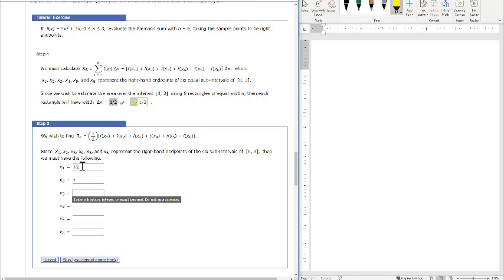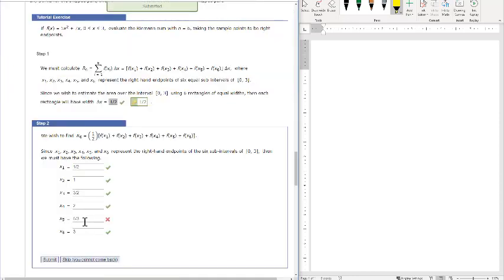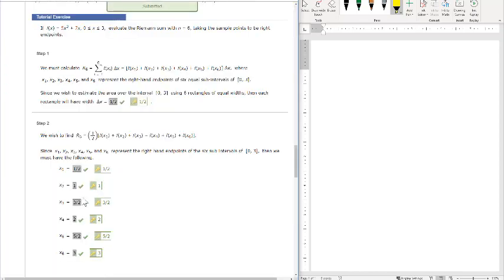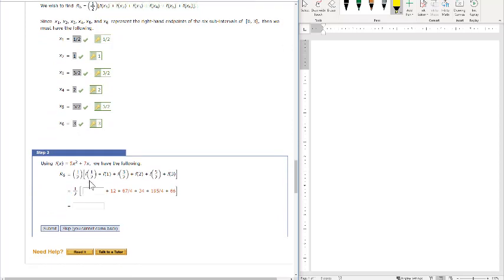And then x sub 3 is 1.5, so I guess we'll call that 3/2. 4/2 is equal to 2, 5/2, and 6/2 is equal to 3, which should be our endpoint. So now we have, oops, this is 5/2, sorry. So now we have values for the x, and we're going to put each of those into our function.